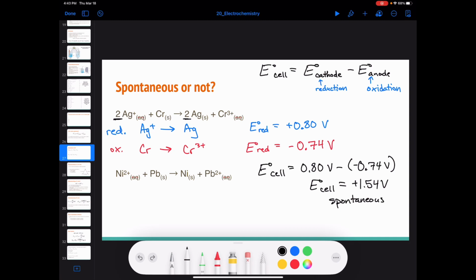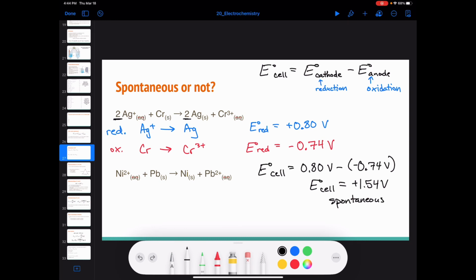It doesn't matter how much. I could have a small chunk of silver, it would have a reduction potential of positive 0.8 volts. If I have a big giant mountain of silver, still 0.80 volts. Okay, it's intensive just like density is. I wouldn't say, well, I have 1 gram of water, so it has a density of 1 gram per mil, but if I have like 10 grams of water, it's going to have a density of 10 grams per mil. No, it wouldn't make any sense, right? So the same thing here. So that's one important thing to note.